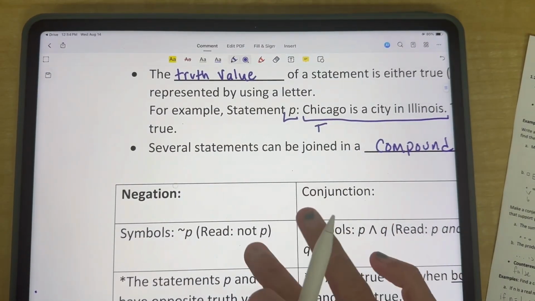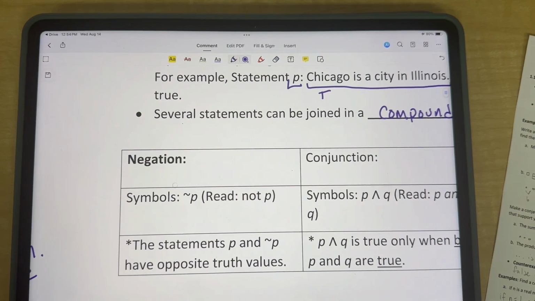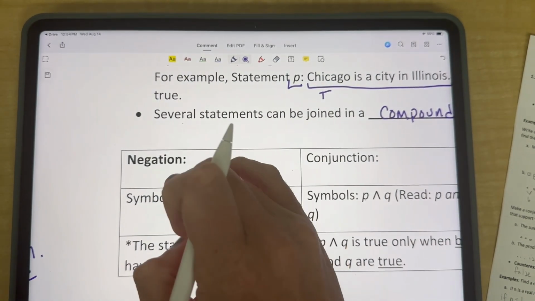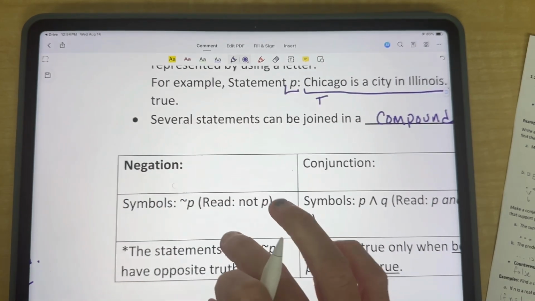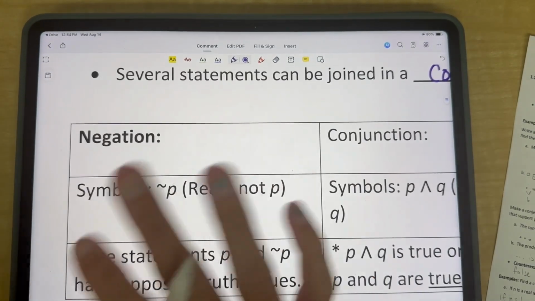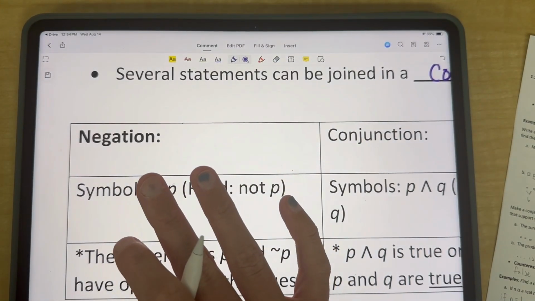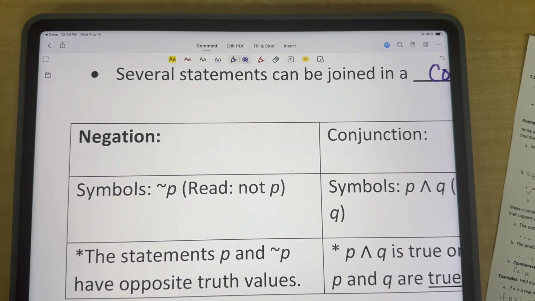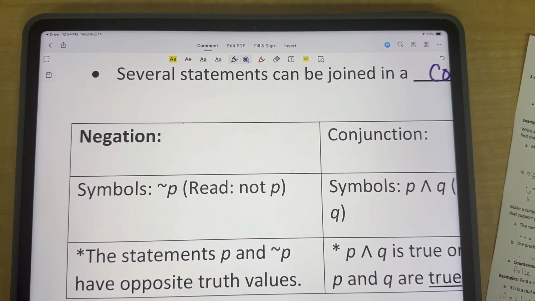The first thing we're going to do is called a negation. A lot of times people think of the word not. You're just going to add the word not and it's going to be all good. I kind of have gone away from that because a lot of times my students wanted to add the word not, but what happened if the statement already had the word not? Like, it is not raining outside. Well, the negation would be the opposite of that. It would be, it is raining outside.